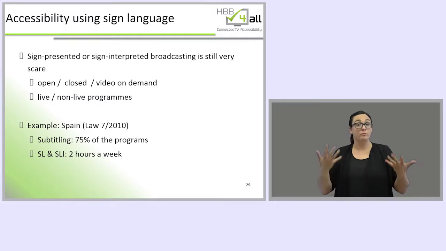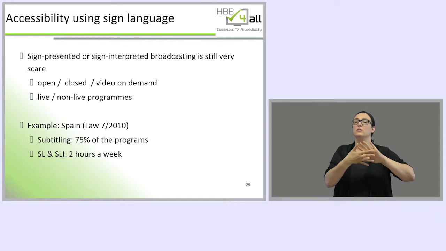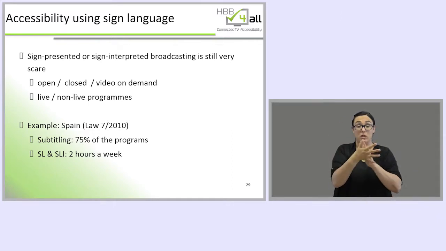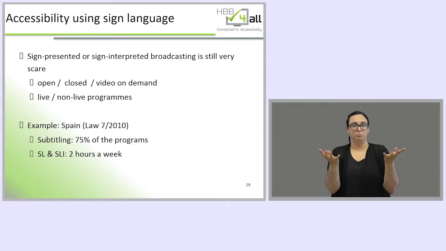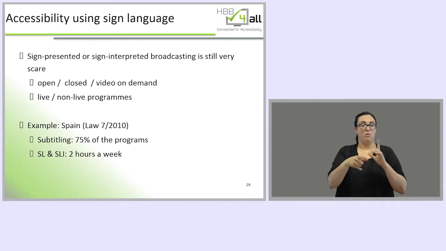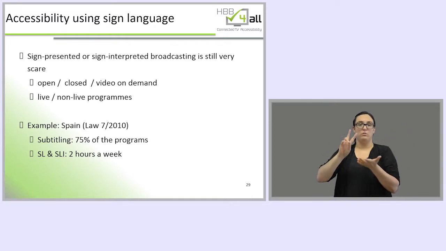So when we talk about accessibility using sign language, we have to bear in mind that there are different sign language services that can be found on television. The first is if the program is sign presented or sign interpreted, and we will talk about this later on in this section.